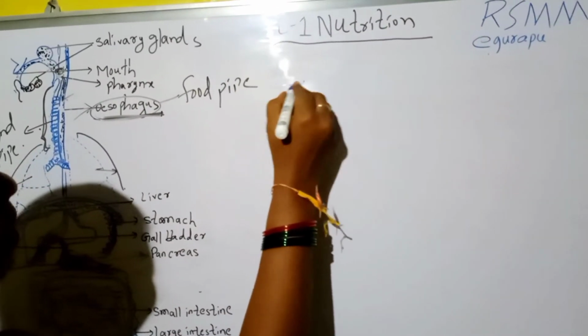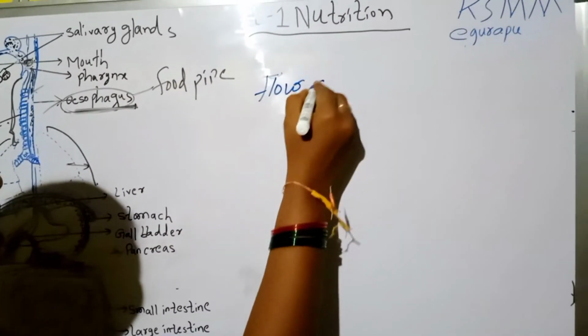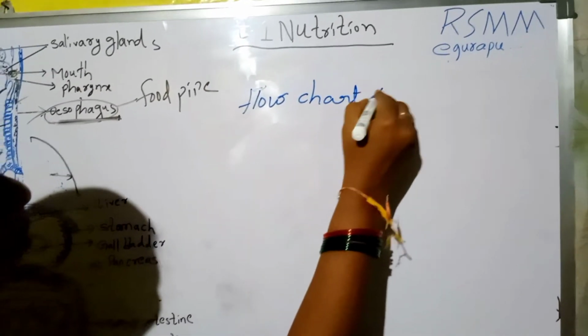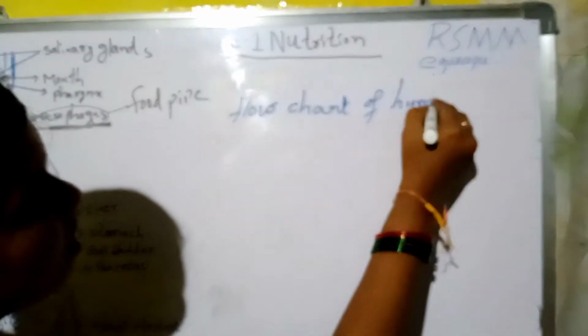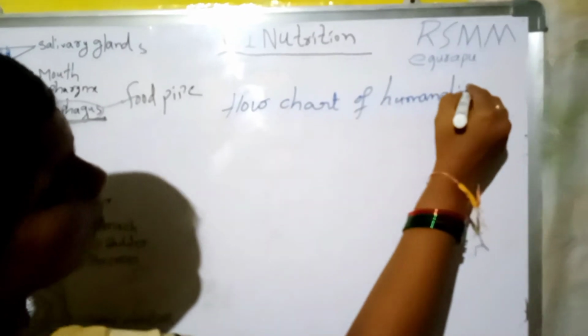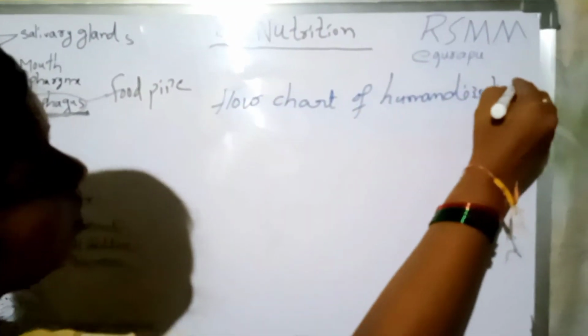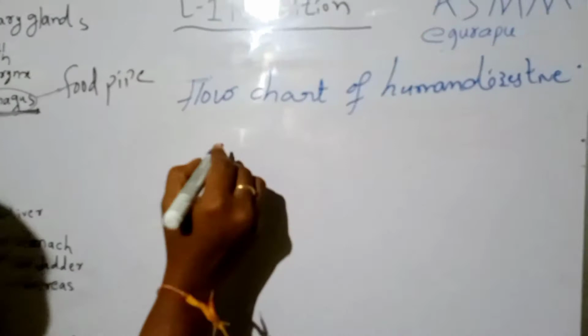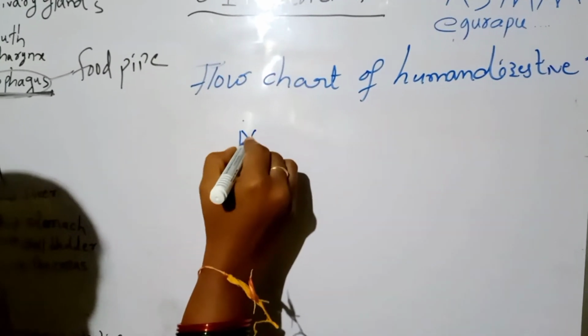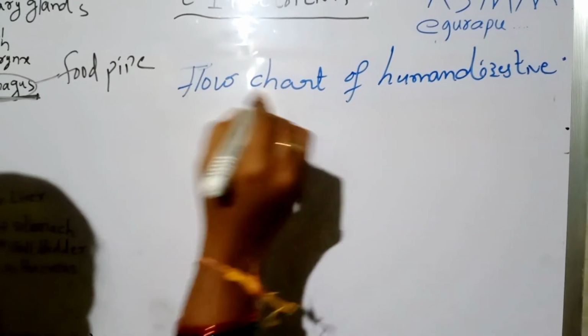Once we observe the flow chart of the human digestive system. See children, we are taking food through the mouth.